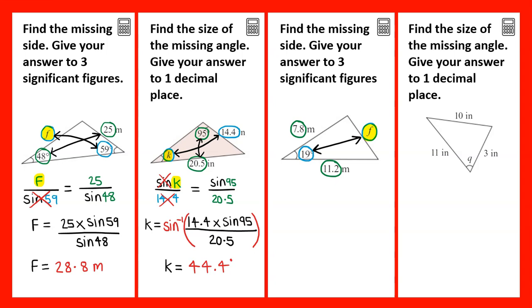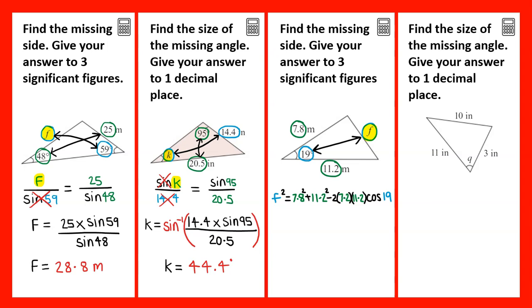The most commonly used version of the formula for the cosine rule is a squared equals b squared plus c squared minus 2bc cos of A, where lowercase a and uppercase A are the pair of opposite angle and length, and lowercase b and c are the other two lengths highlighted green. Lowercase a would be the length we're finding, labelled as f, and uppercase A is the opposite angle of 19.